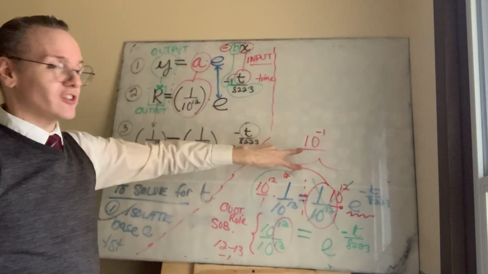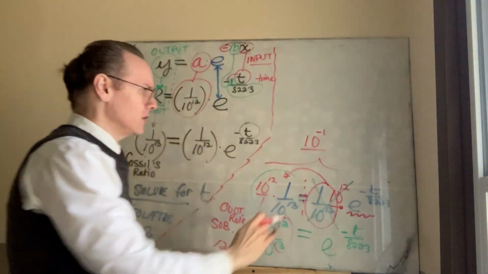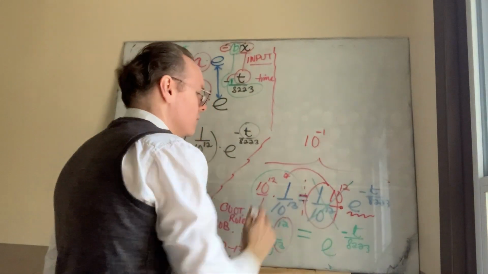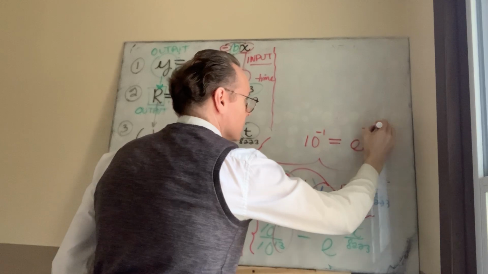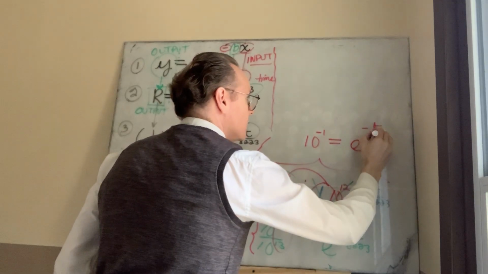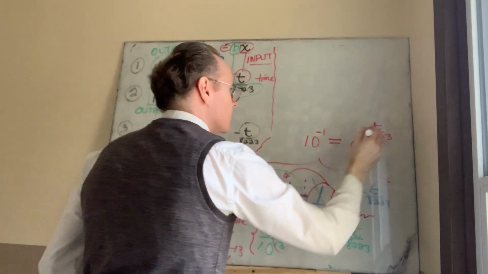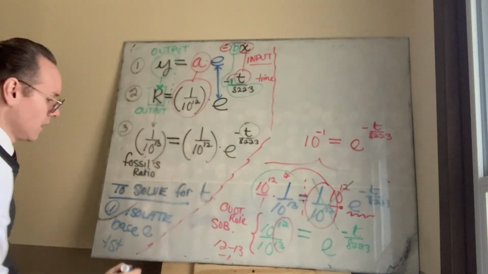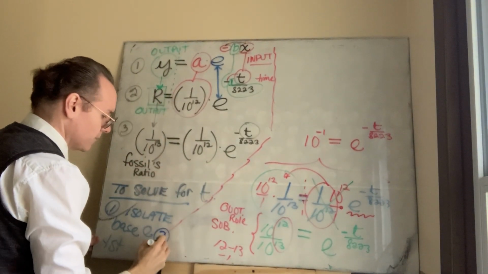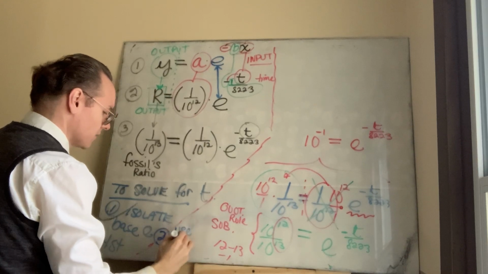You could always adjust it later. I'm going to leave it alone for right now. And then on this side, I have what was left over here, which is this 8223. All right, now finally, the other part of this is that I'm going to use the natural log.